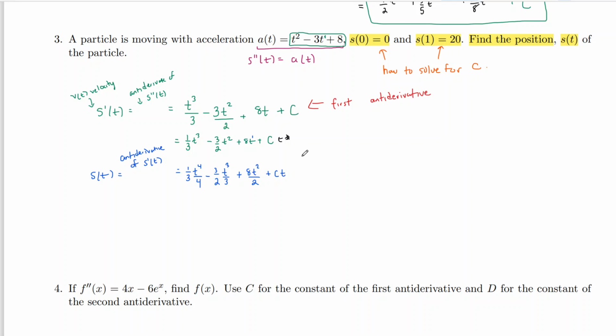And then the last thing that might be slightly confusing is that we have to add something else, because every time you do an antiderivative, you add a new constant. So I'm just going to go to the next letter after c, and that is d. So d is the constant from the second antiderivative.